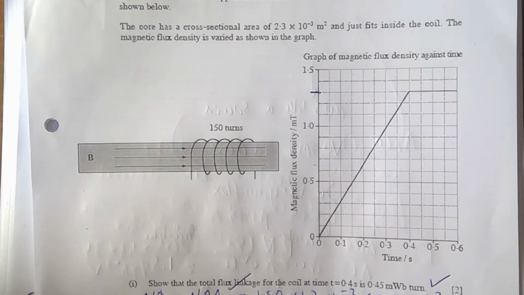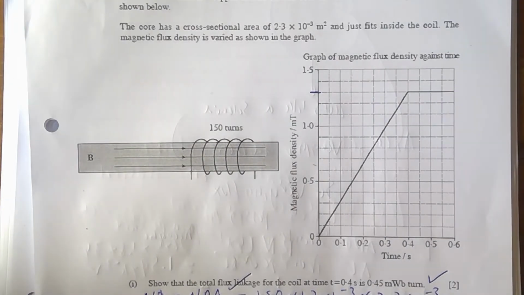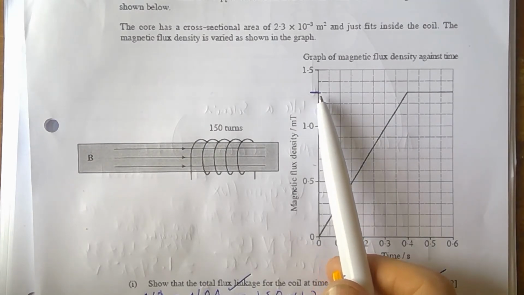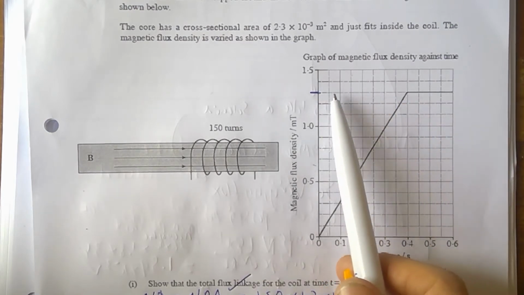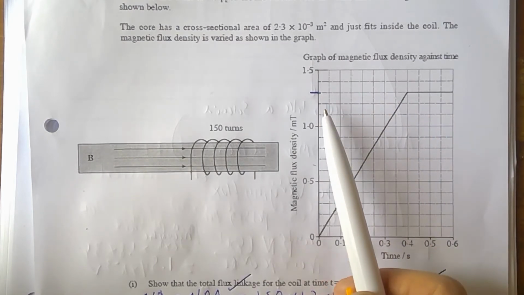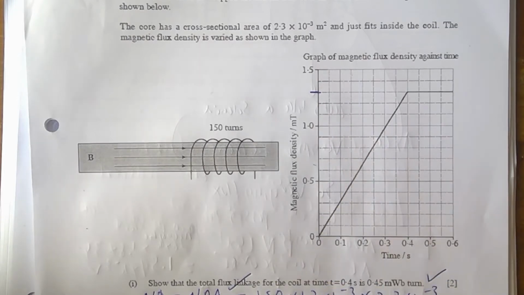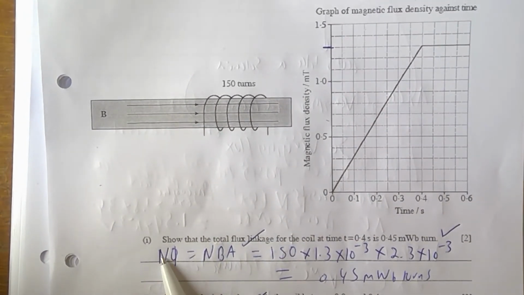Show that the total flux linkage for the coil at time equals 0.4 seconds is 0.45 milliweber turns. Well, we can read off the flux density at that time: 1.3 millitesla. Flux linkage is given by N phi, phi being flux, so NBA.